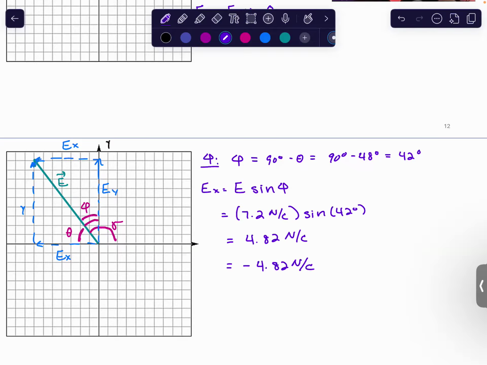Again, because we used an acute angle, we're going to get a positive sign, but we know that X points in the negative direction. So we change its sign to negative.